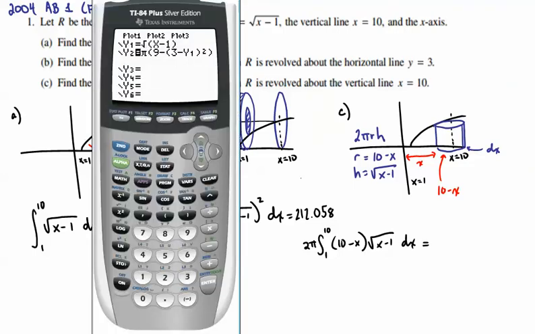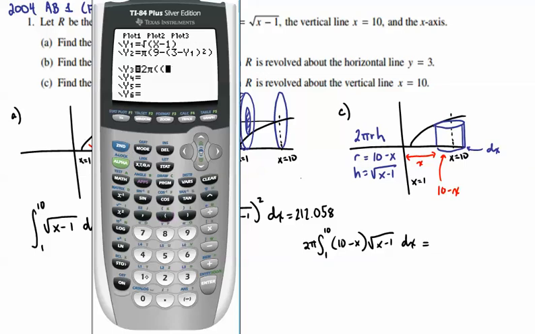So we have the calculator open. y1 was our original function. y2 we used in part B. So rather than erase any of those, we'll go on to use y3 now. We need to start off with a 2 pi at the beginning with an open parentheses.